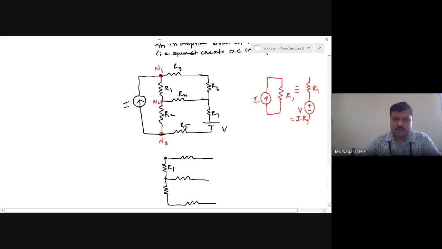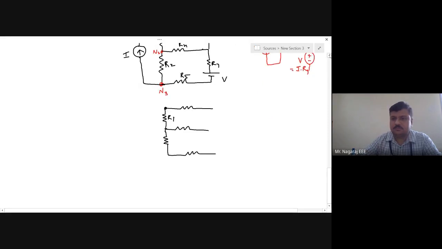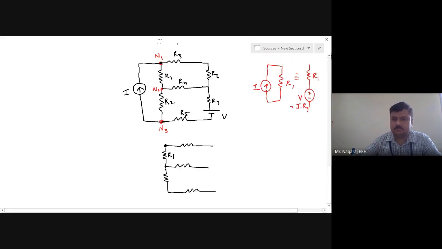This is R1. This is R2. I am interested in only R1 and R2. Now this is node N1, this is node N2 and this is node N3.